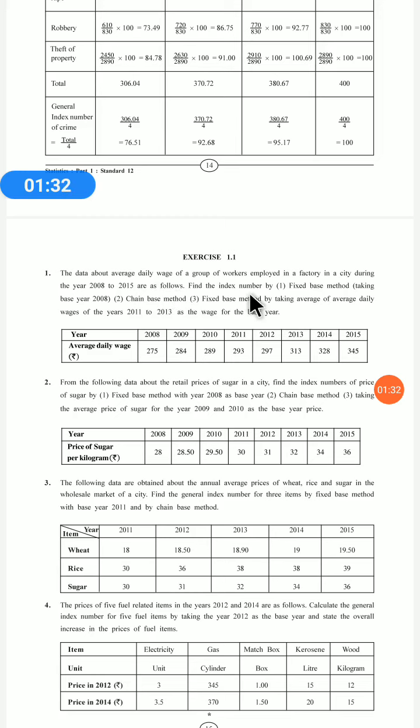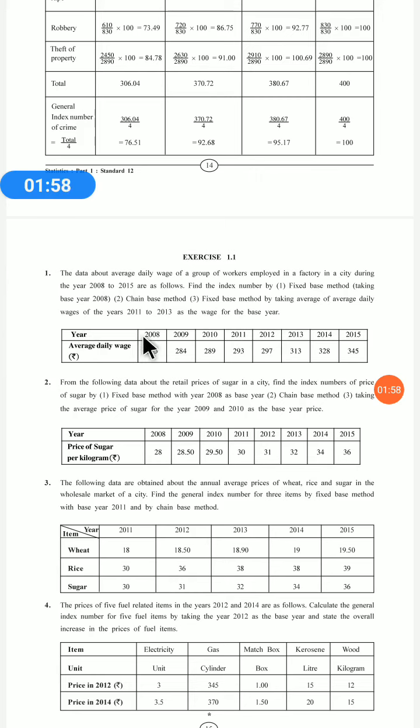Find the index number by fixed base method taking the base year 2008, second, chain base method, and third, fixed base method by taking the average of average daily wages of the year 2011 to 2013 as the wage for the base year.